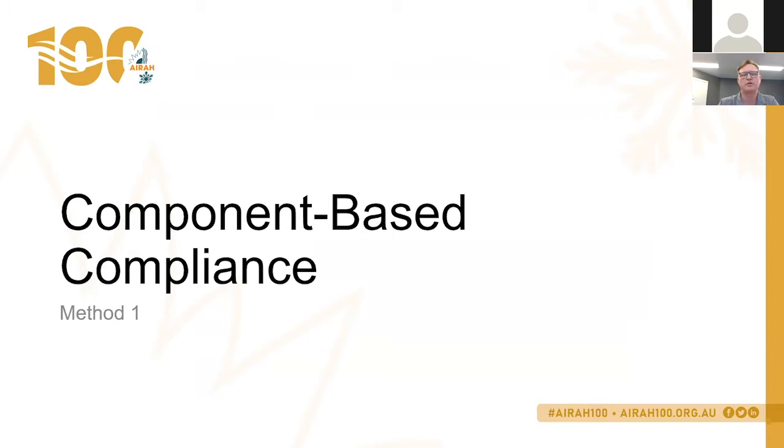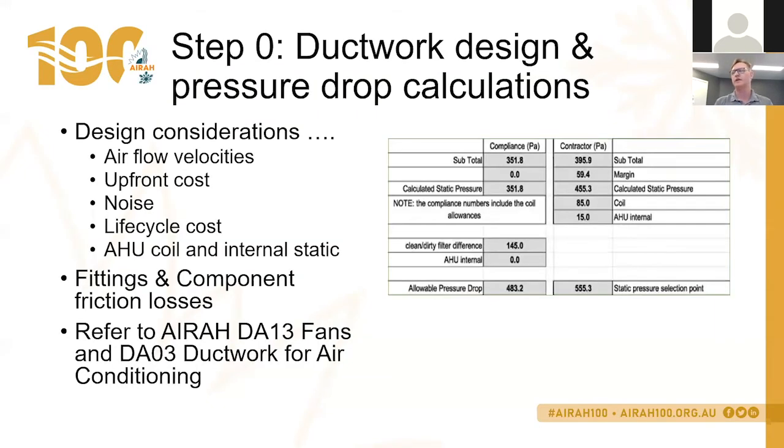So the component-based approach, we'll go through the calculations. If we have a look at, after I've input all of the detail into the calculator, which is, I'll show you another calculation on the next page, but having input all the detail into the calculator as shown before, we come up with a compliance value.